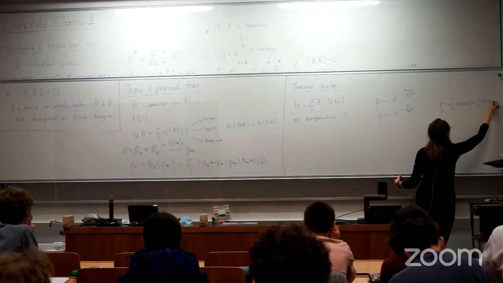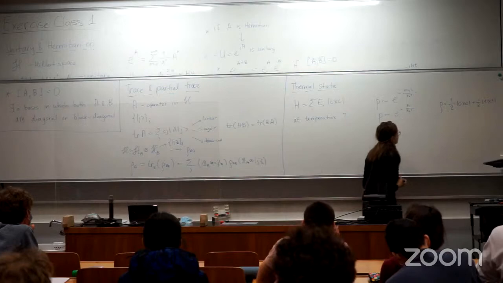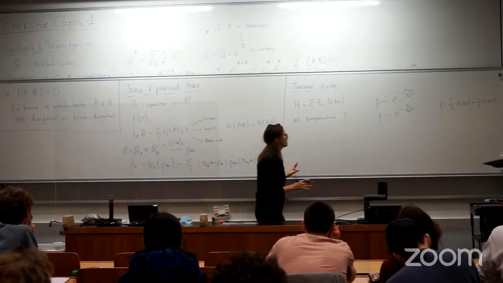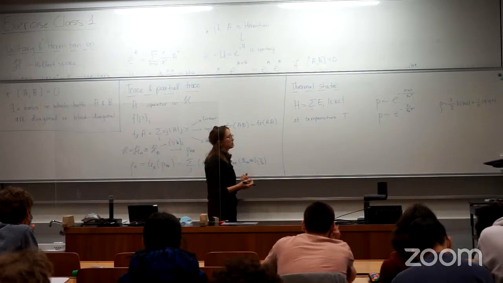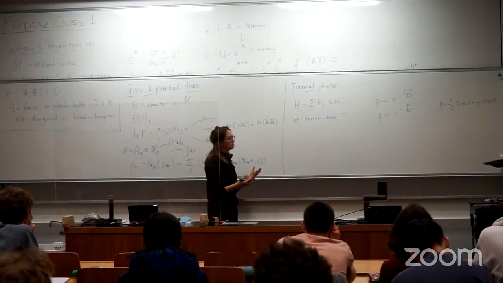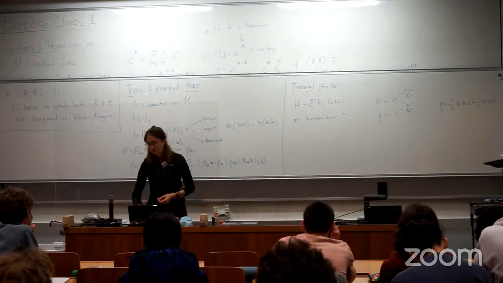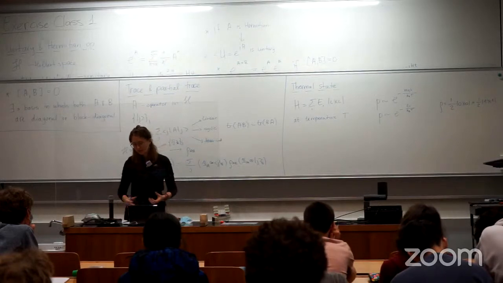And here, the idea is basically the same. We take that classical probability distribution, this Gibbs-Boltzmann distribution, and we write a density matrix.